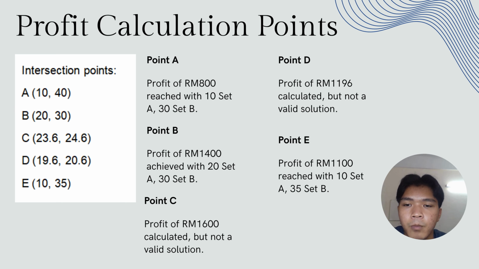At point B, with 20 sets of set A and 30 sets of set B, the profit is RM1,400. Points C, D, and E were also tested, but unfortunately, they are either invalid or give lower profits. Through this analysis, we can clearly see which combination of tables brings the best results.